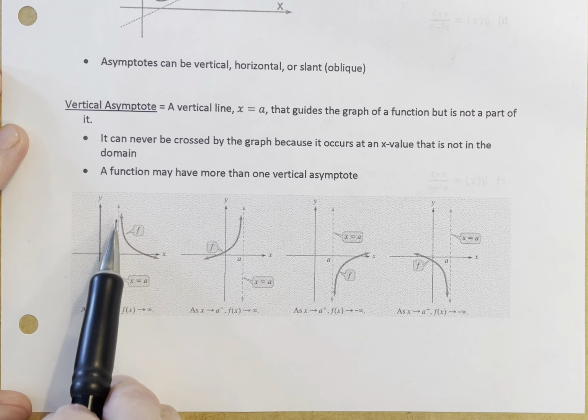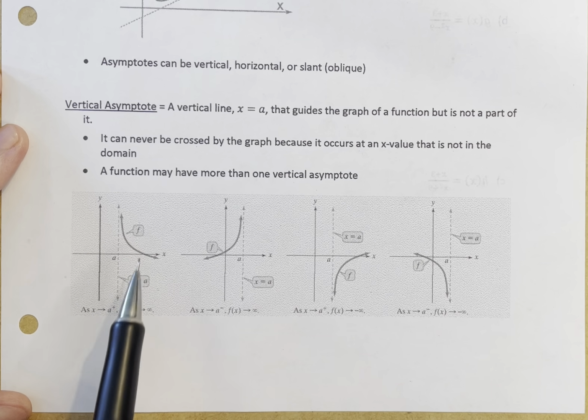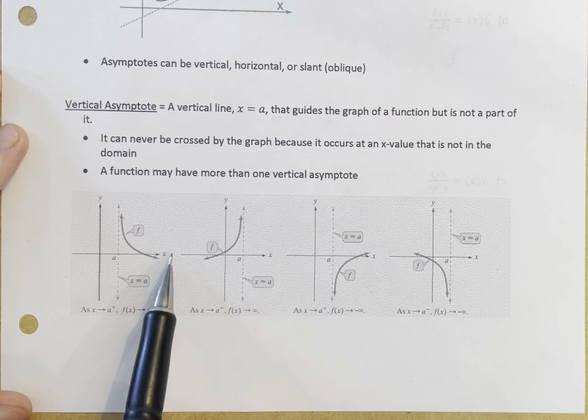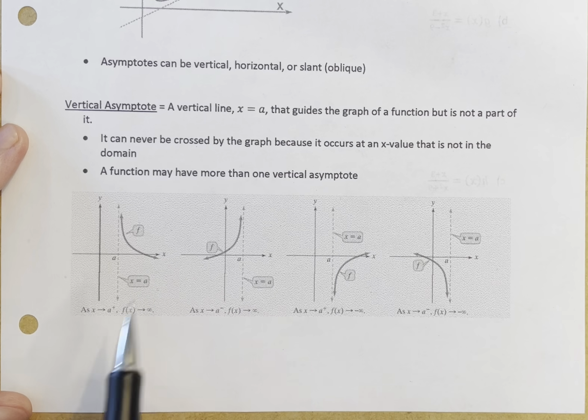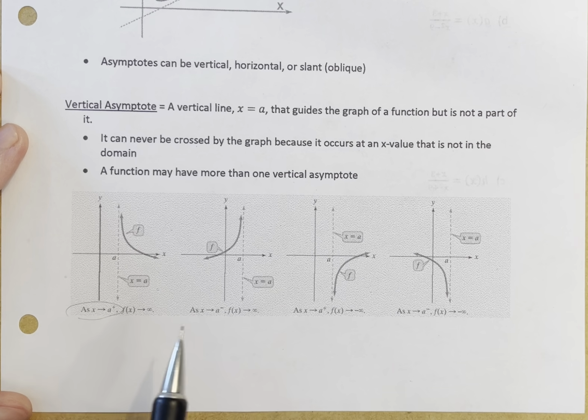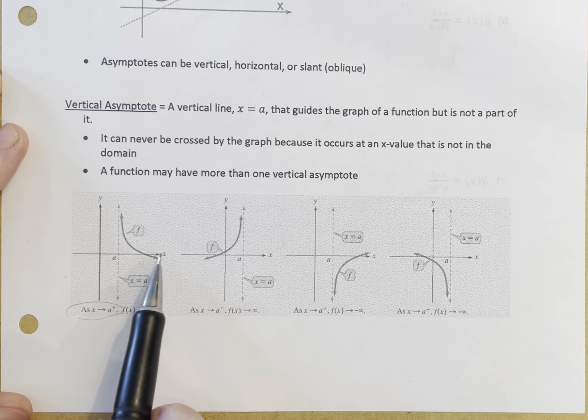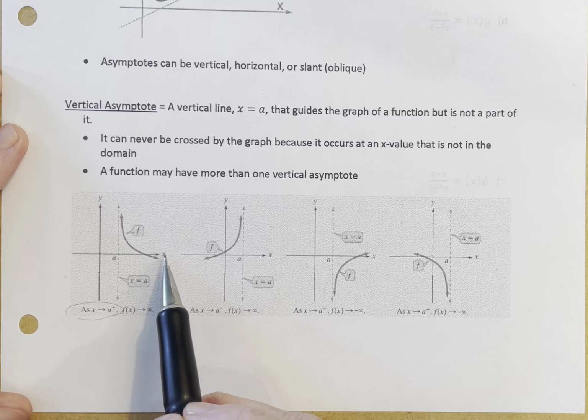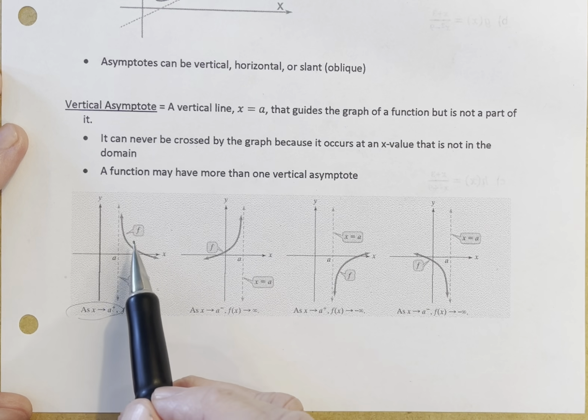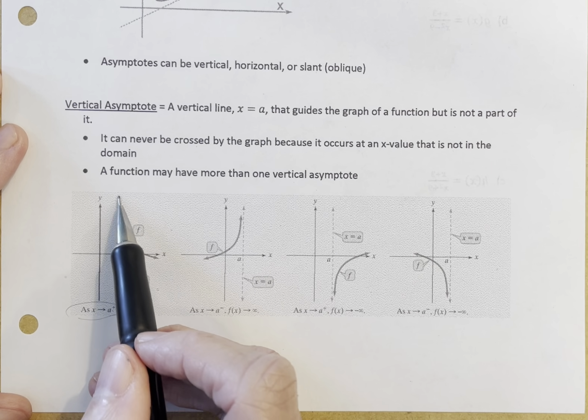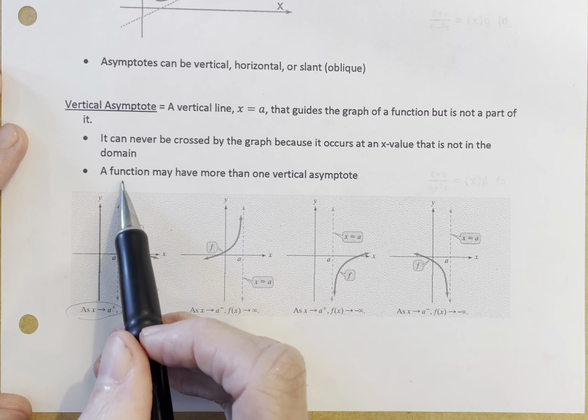Here's a vertical asymptote, x equals a. Notice as x approaches a from the positive side, which is what the plus above it means, as x approaches a from the right, it's getting closer and closer, and it's going up to infinity.